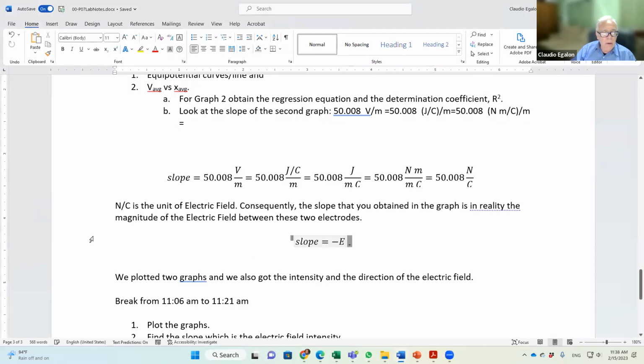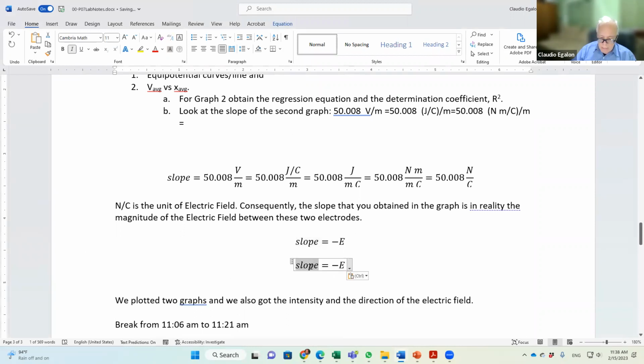Here you go. E is minus delta V over delta, in this case Lx.